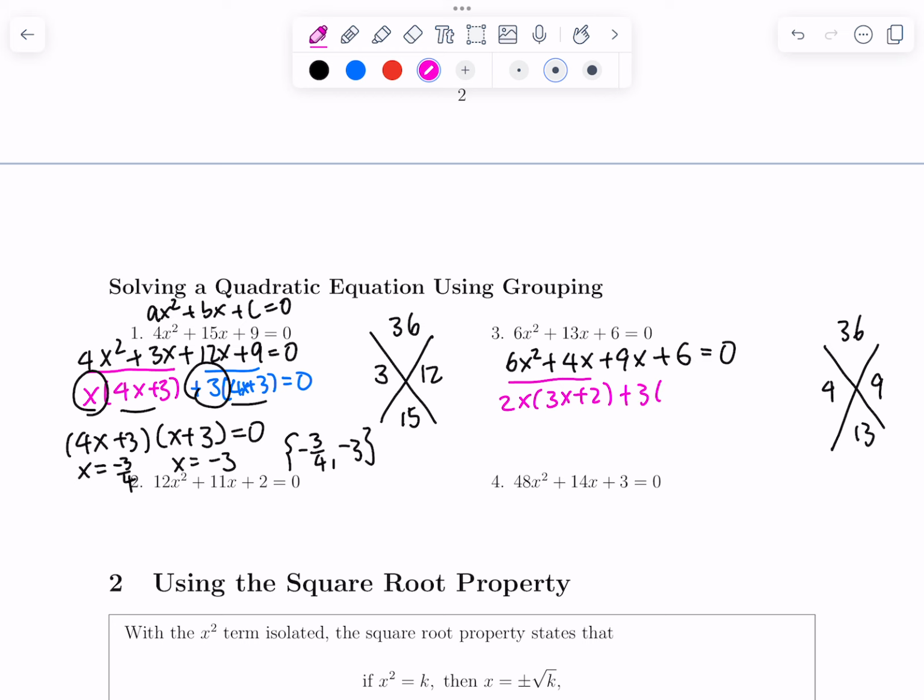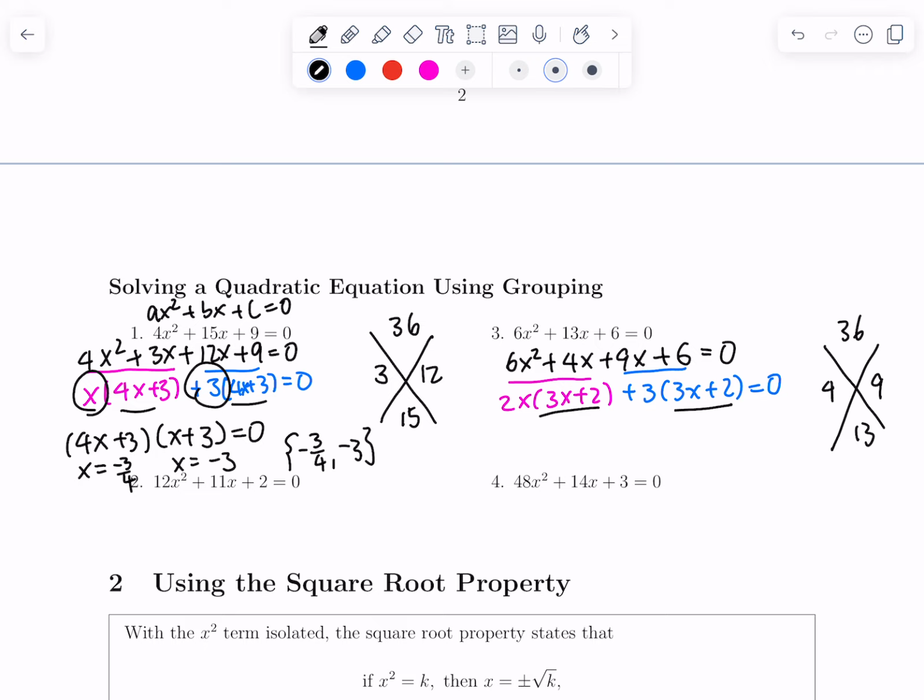The last two terms, let me use the blue color, will be 3 times 3x plus 2 equals 0. So you can see we got exactly the same factor.